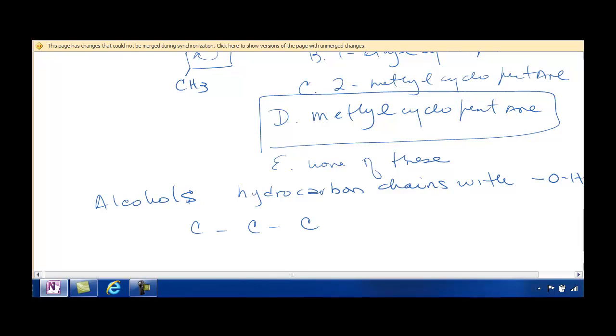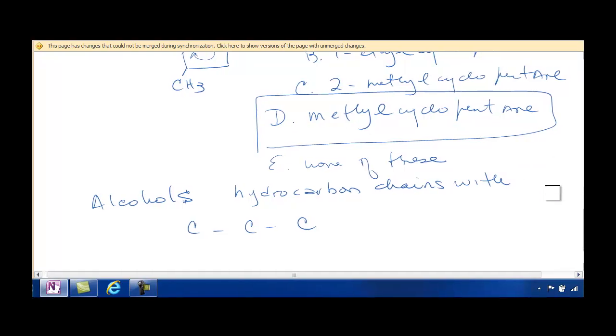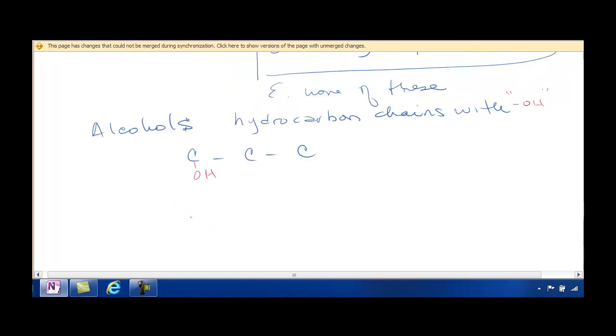An OH group. So if my OH is here, or if my OH is here, those are alcohols. And what is the name? If I didn't have an OH, what would this fellow's name be?